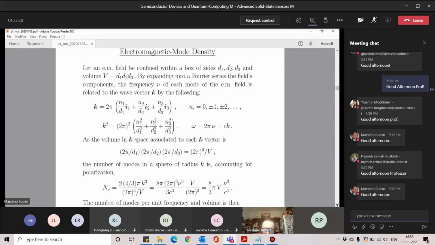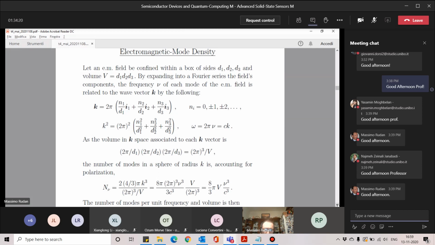And then, if you remember, if we multiply by the speed of light in vacuum, we obtain the angular frequency of the individual monochromatic component of the radiation, and it will be equal to 2 pi times the frequency. So each frequency is proportional to k, and k is the modulus of a vector whose definition is given here. Okay? And the electromagnetic field will be a superposition of modes, each mode with this frequency.